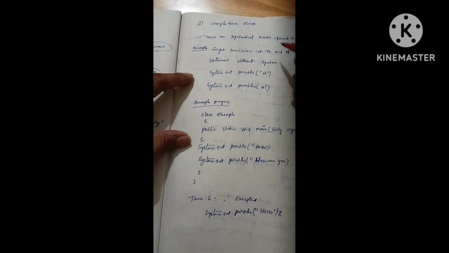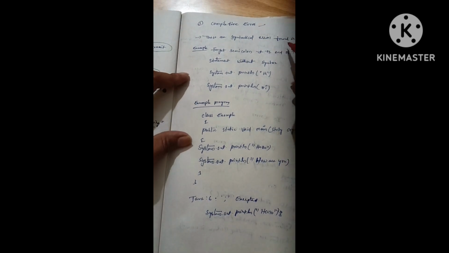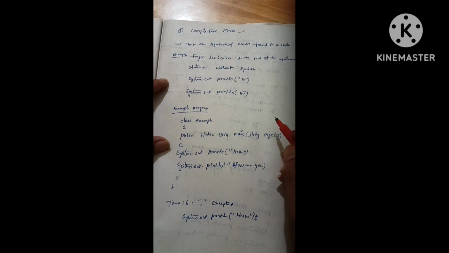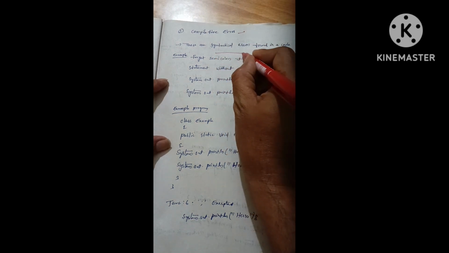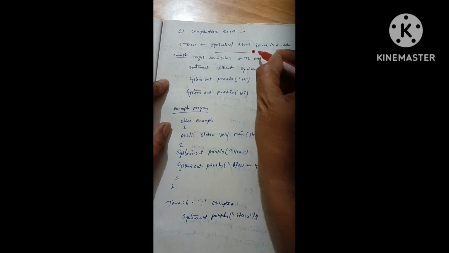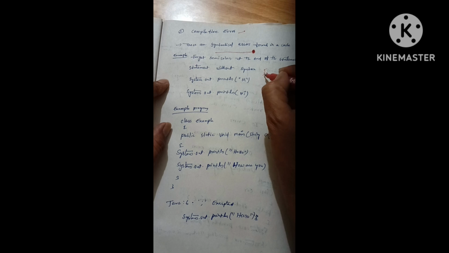First, compile time errors. These errors are semantical errors. What is meant by semantical errors? It means the program must follow the rules and regulations of the programming language.